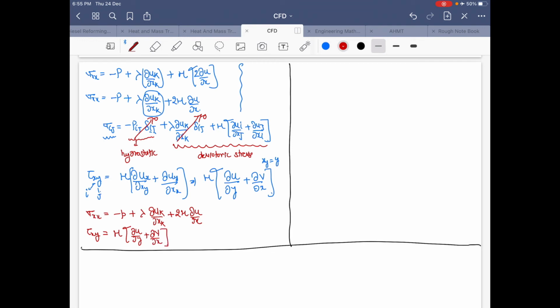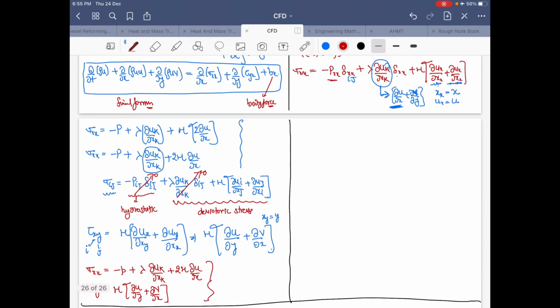So these are my stress components. Now substitute these stress components into my equation here. So what will I get?